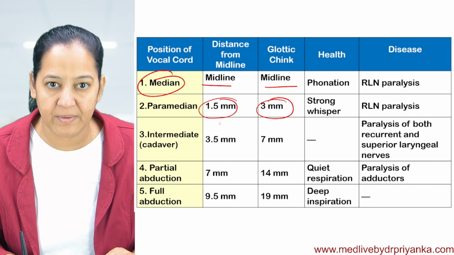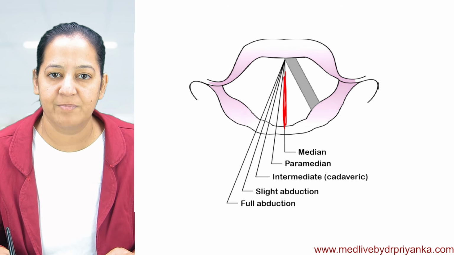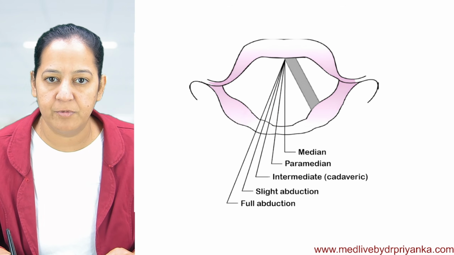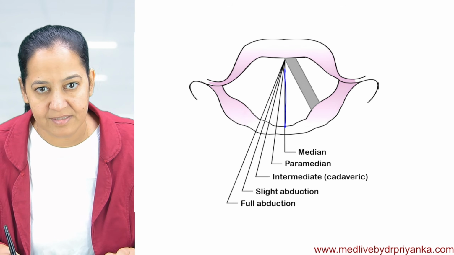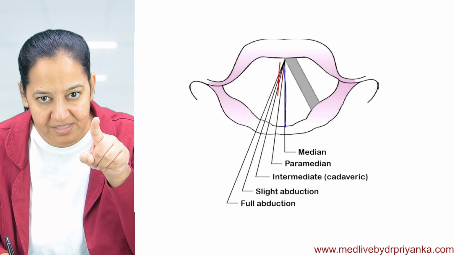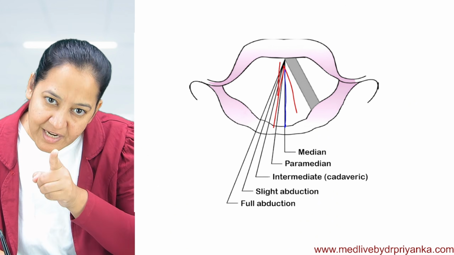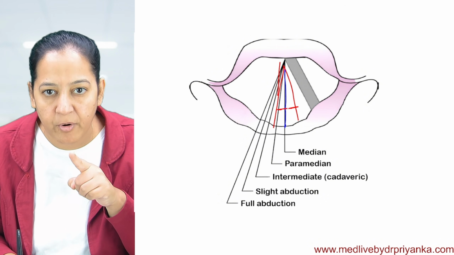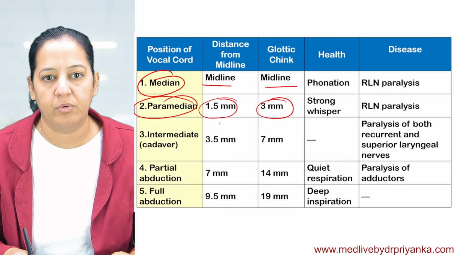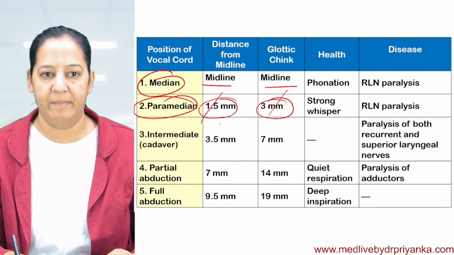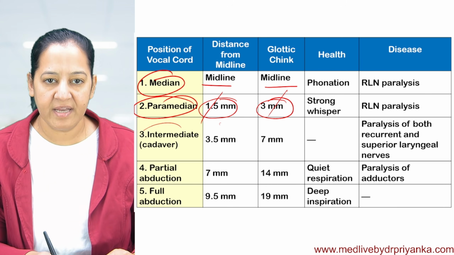So the total space in between is 3 millimeter. It is known as paramedian. So 1.5, 1.5, it will be 3 millimeter. So the next is cadaveric.